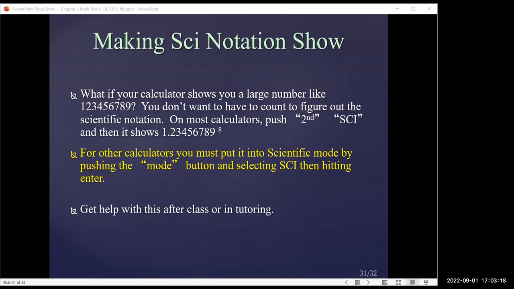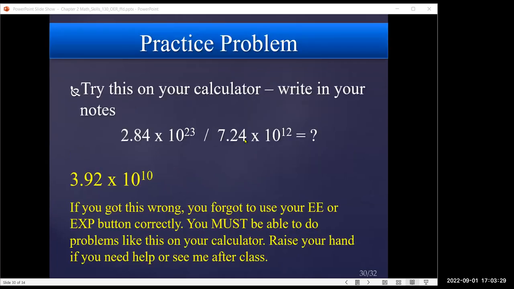In scientific notation, there's always at the minimum going to be 1 integer in your answer. Always. Like the 3 in front of the decimal point. If we needed just one integer, then that number 3.92 would be rounded to 4, 4 times 10 to the 10th.